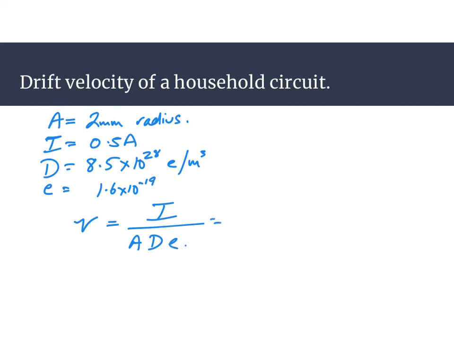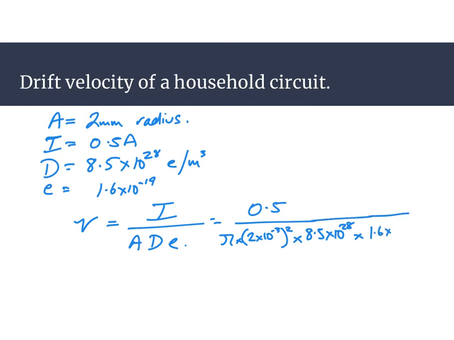If we put all that information in, the current is going to equal 0.5. A is going to equal pi times 2 times 10 to the negative 3, squared, times the charge density, which is 8.5 times 10 to the 28, a massive amount of electrons per meter cubed, times the elementary charge of 1.6 times 10 to the negative 19.